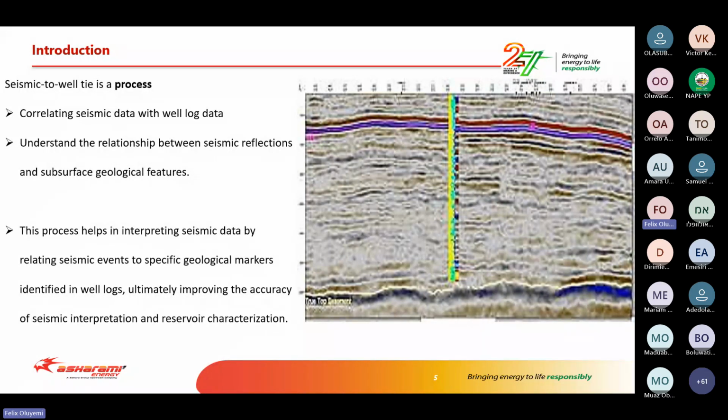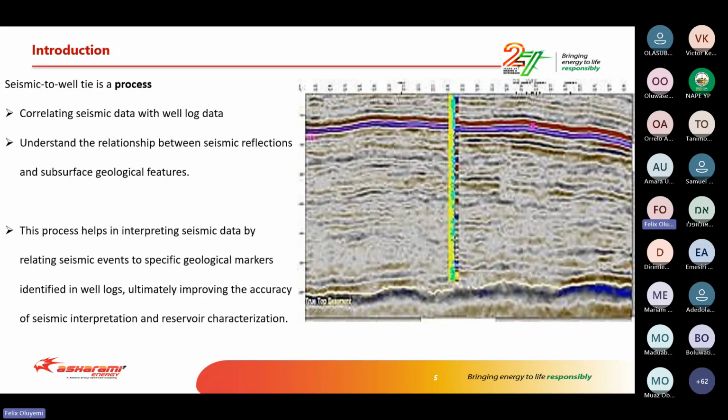We are going to be dealing with that. Maybe I will elucidate more on that when we get to the case studies. So the process helps in interpreting seismic data by relating seismic events to geological event markers identified on logs. So you'll be identifying some major events on your log, which is your geology, and you now try to tie it to seismic.